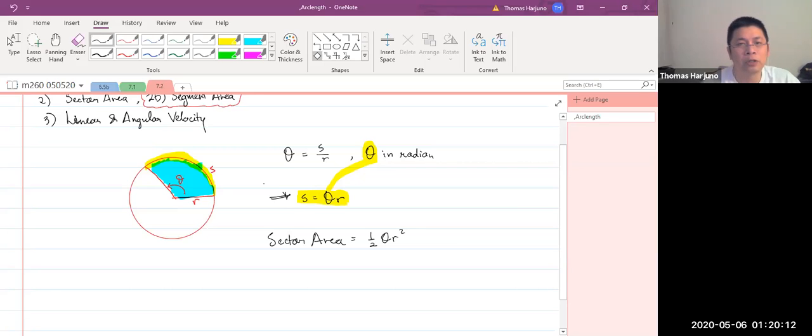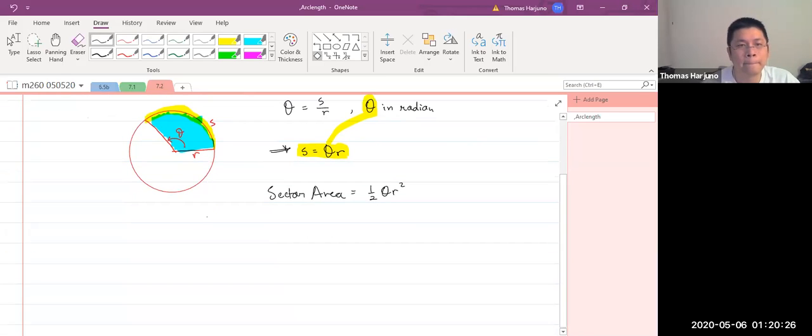If you call this the proof for the arc length, then how about the proof for sector area? Proof: sector area is proportional to its central angle.